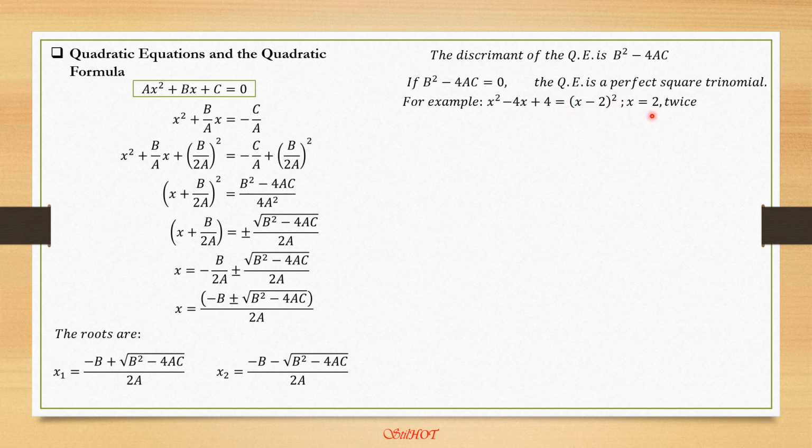So the root is 2, and there are two multiplicities of the root. So we have 2 and another root is 2. So that is repeated. That's the meaning of a perfect square trinomial.